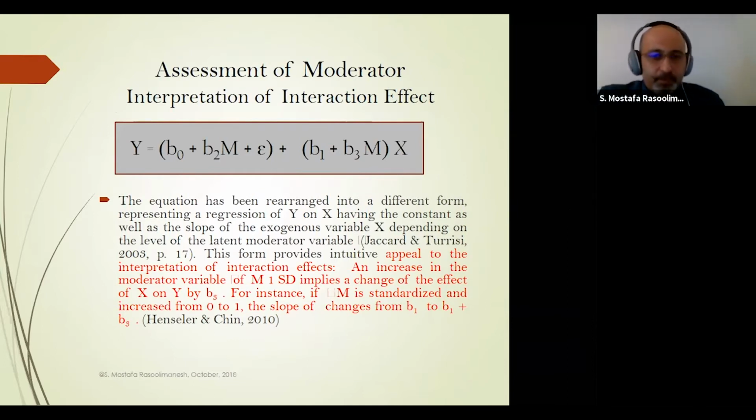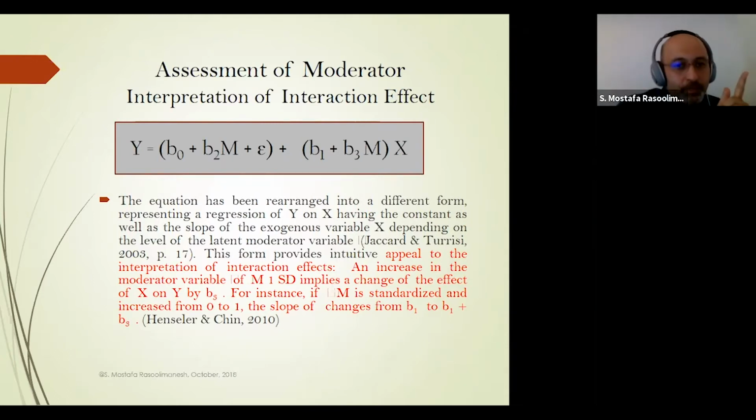M is the moderator. Let's say the moderator has two levels, because we want to compare the effect of X on Y for level 1 and level 2 and see whether there is a significant difference.